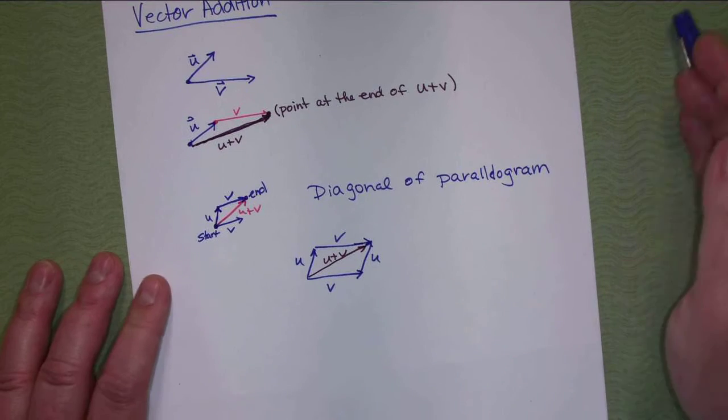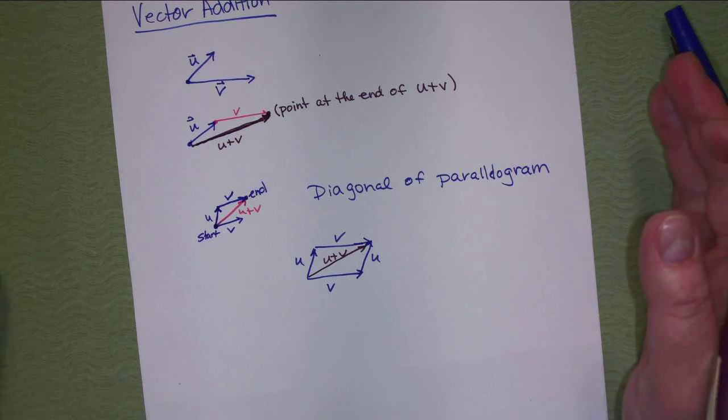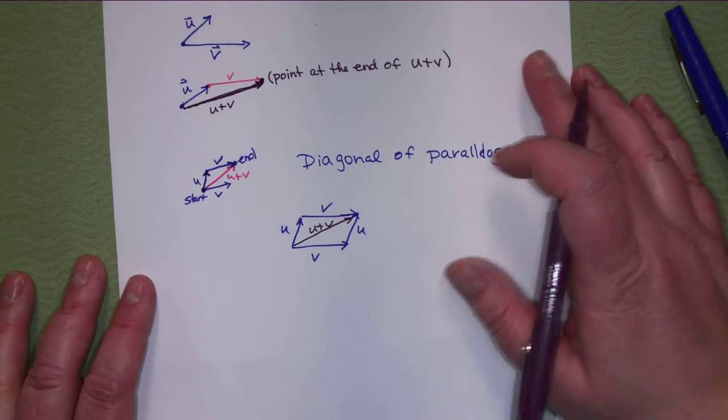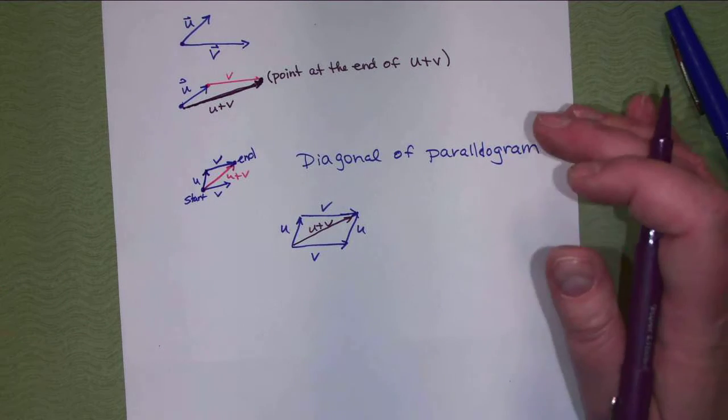If you copied u in two places and put v in between them, then the addition of them gives you the diagonal of the parallelogram formed by those two vectors.